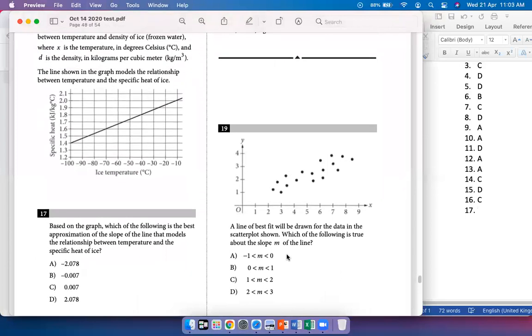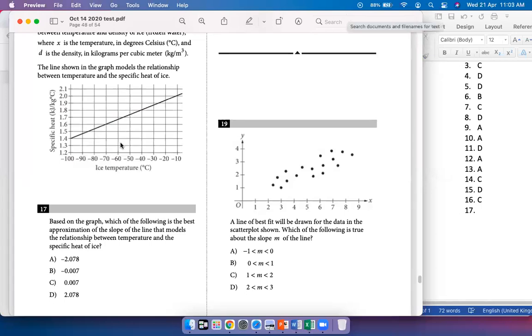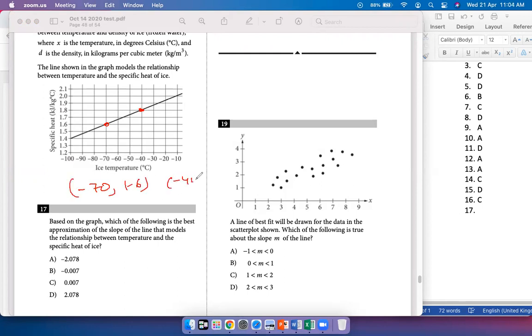Based on the graph, which of the following is the best approximation of the line that models the relationship between temperature and specific heat? Okay, so we have to find the slope. So let's try and pick up some points. So I like this one and I like this one. So I'm going to pick minus 70, 1.6 and minus 40, 1.8.